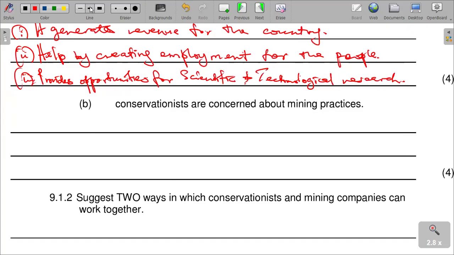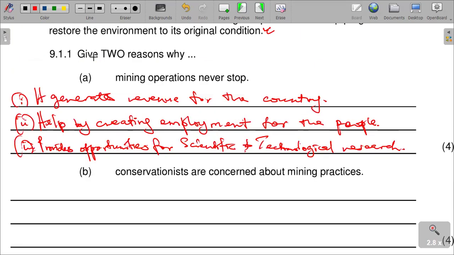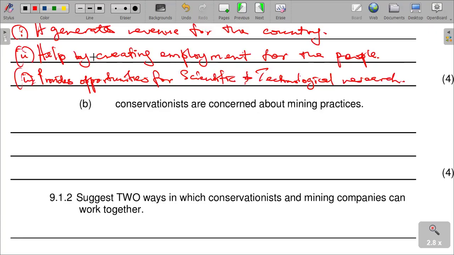Next question, question B: conservationists are concerned about mining practice. The question wants us to give reasons why conservationists are concerned about mining practice.